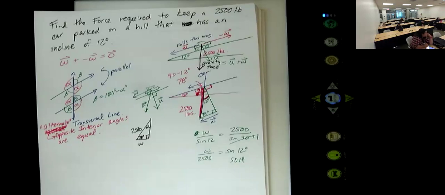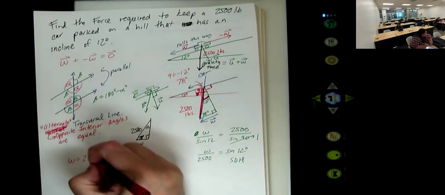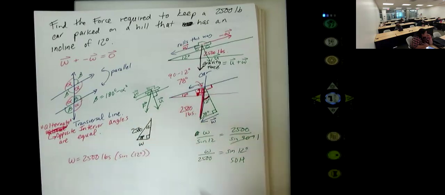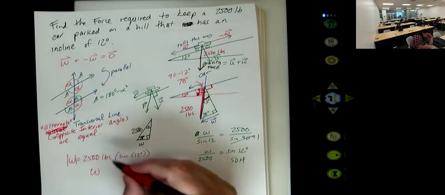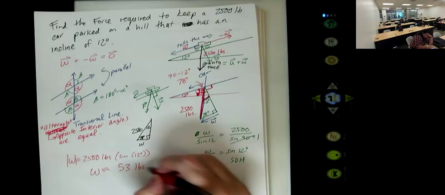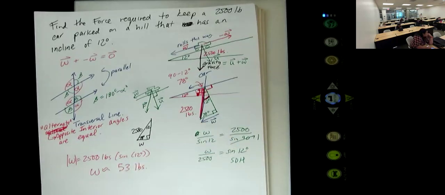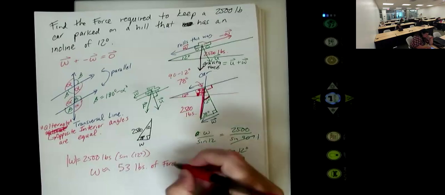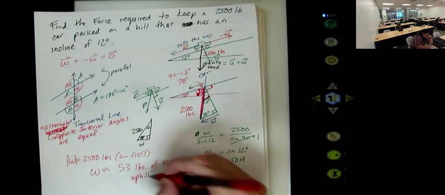But if we get it down to W equals 2,500 pounds times sine of 12 degrees, this is really the magnitude of W. W is approximately 53 pounds of force. And it needs to be uphill to stop the car from going down.